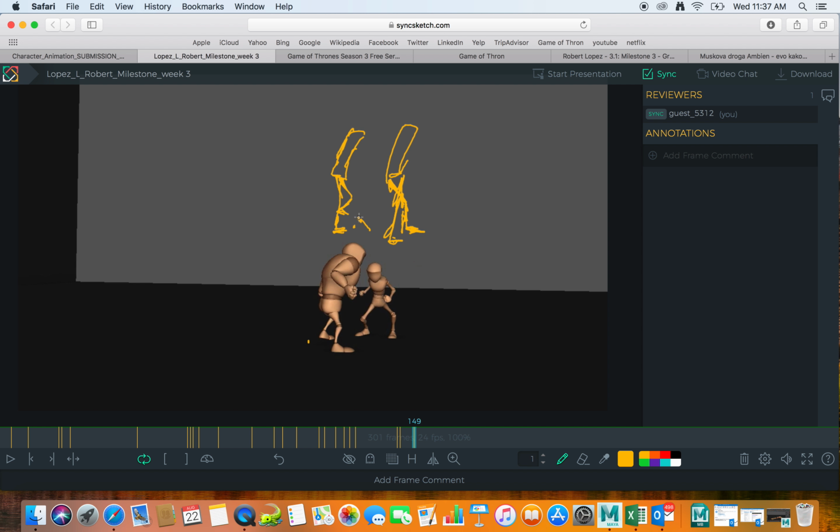So this one goes up, and then that leg continues back, but it lands down on the toes.